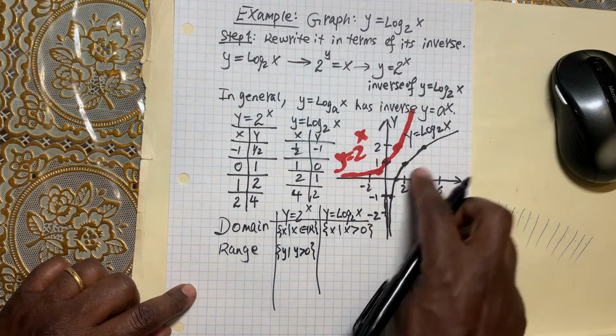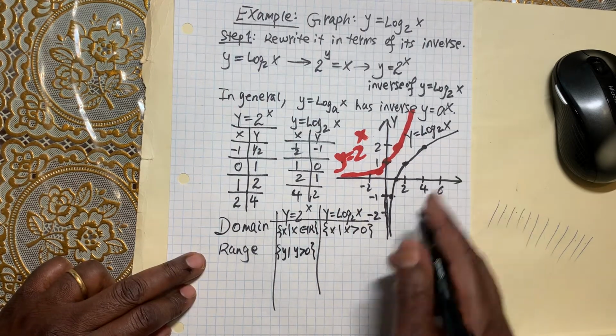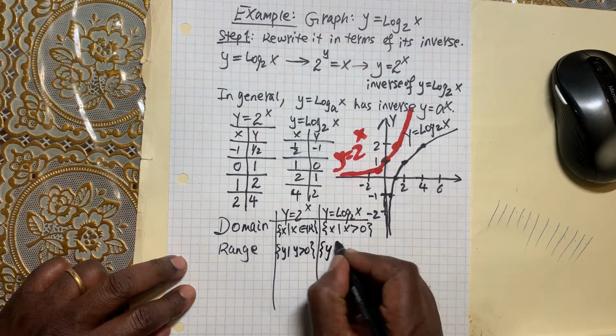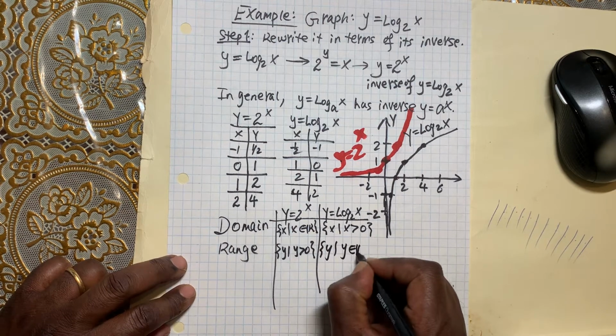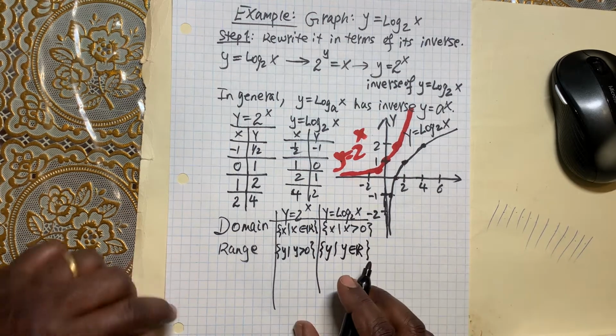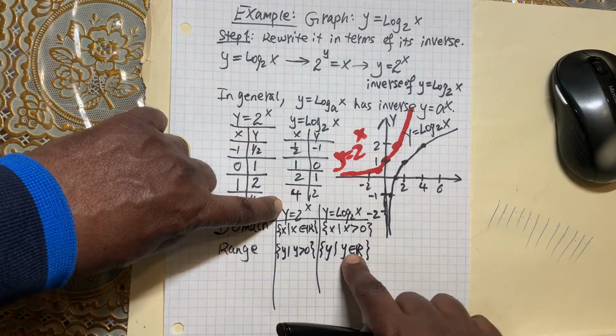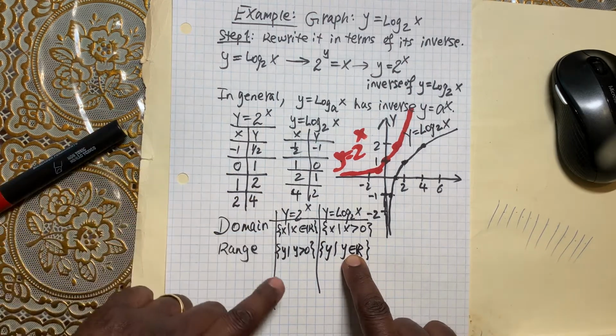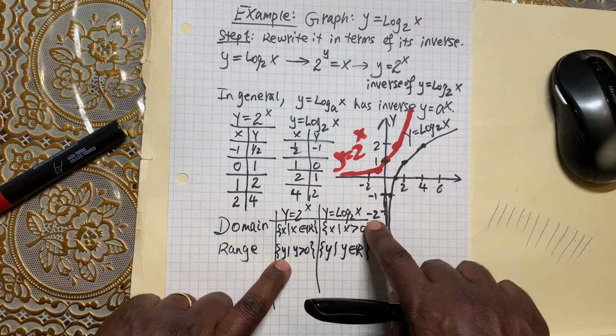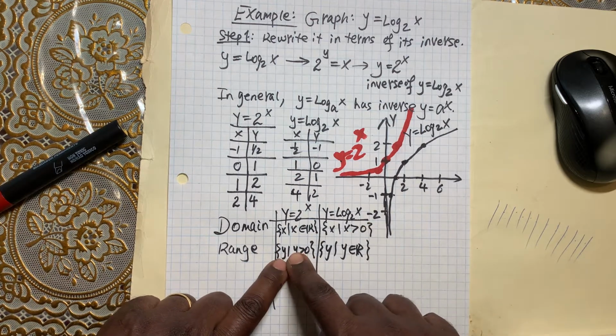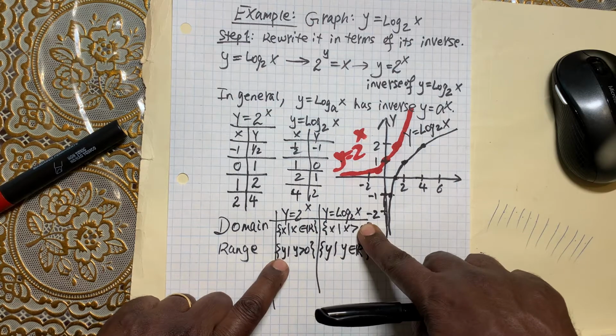And here, the range for the log function is the set of all y, say that y is an element of R. Which was the domain for the exponential function is now the range for logarithmic, and which was the range for exponential would be the domain for logarithmic.